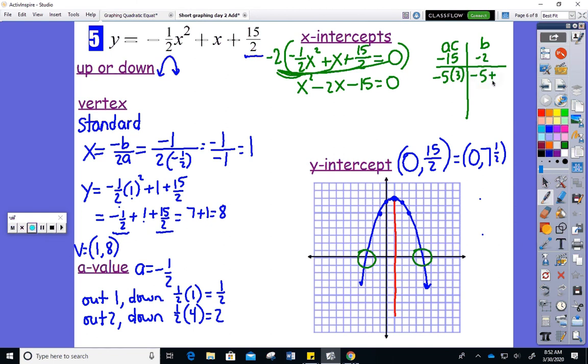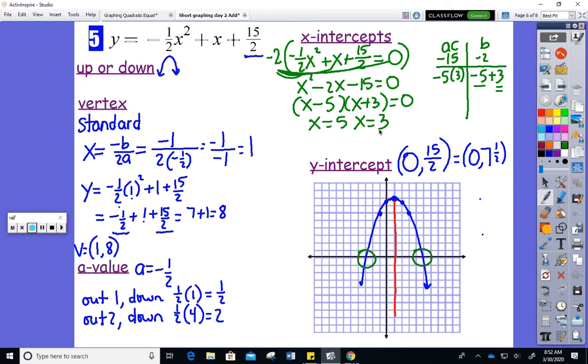Well, negative 5 plus 3 does equal negative 2. So I could write this in factored form by saying x minus 5 and x plus 3 equals 0. So x equals positive 5 and x equals negative 3. So that should be where I'm seeing the graph cross the x-axis.